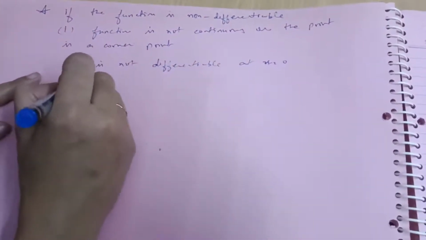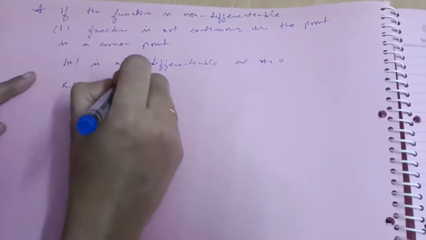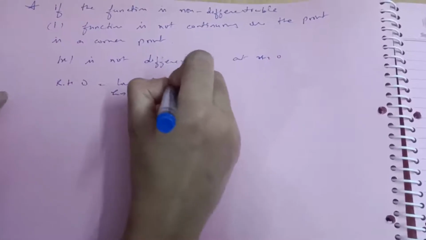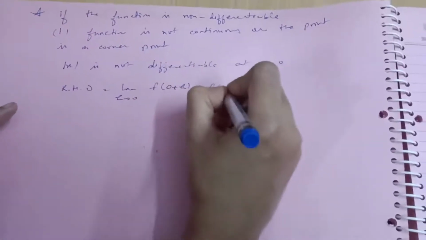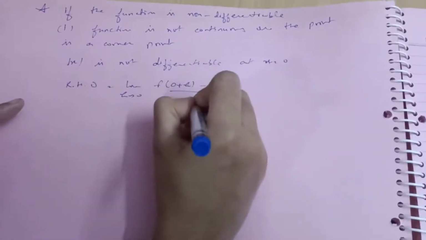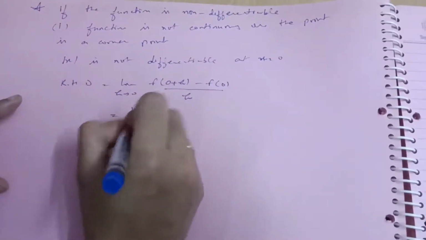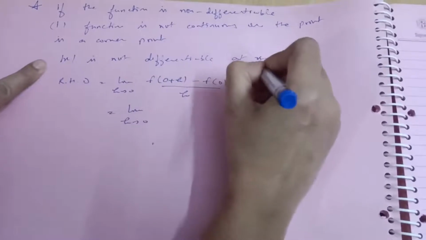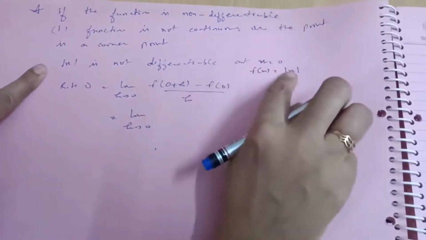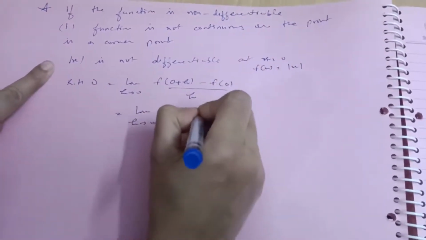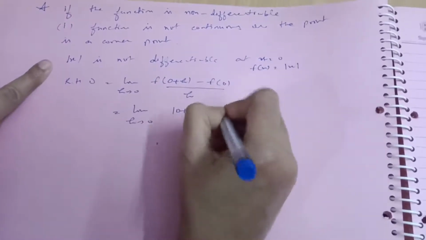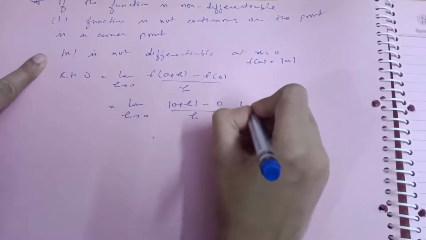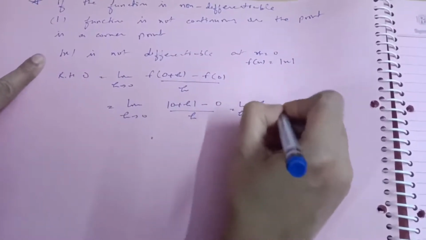You will find out the right hand derivative: limit h tends to 0 of f of 0 plus h minus f of 0 by h. The function fx is nothing else but mod x, so mod of 0 plus h minus mod 0, whose value is 0, by h. So mod of h is h, limit h tends to 0 of h by h is 1.